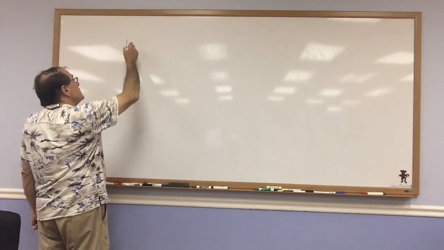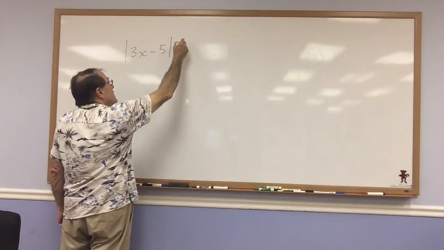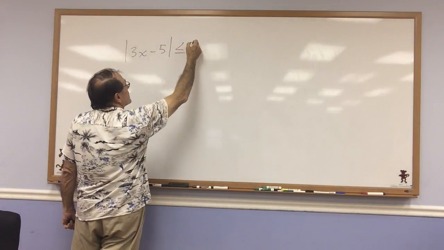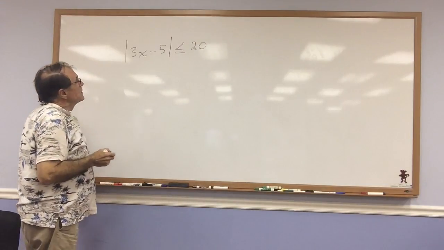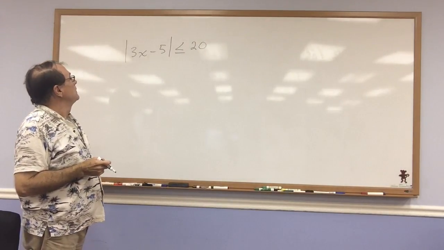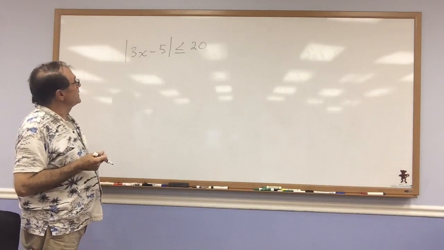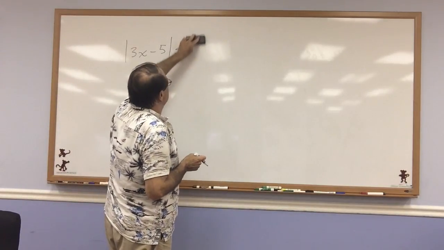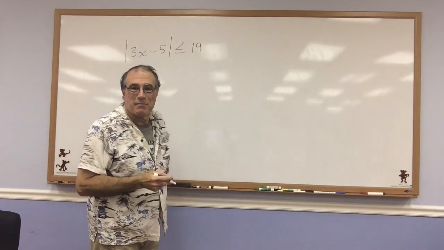Let's take the absolute value of 3x minus 5 is less than or equal to, let's say 20. Actually, let me make that less than or equal to 19, as that will give us nicer numbers.